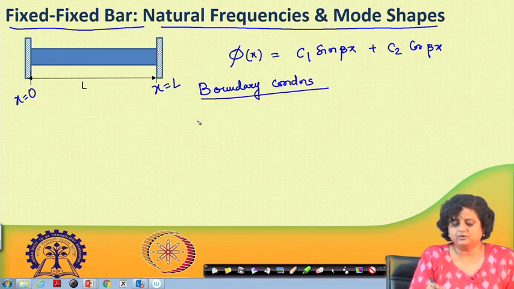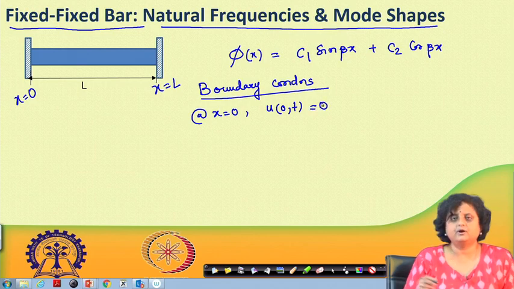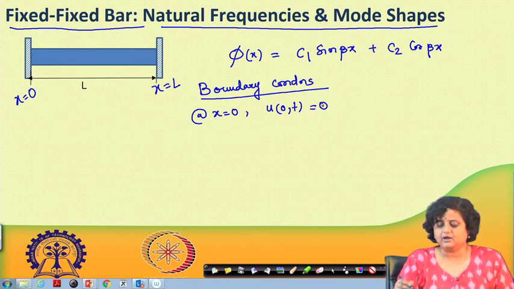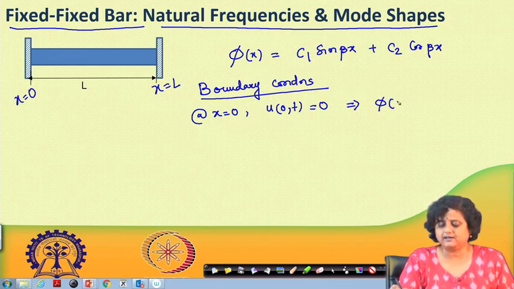If we look into the boundary condition at x equal to 0, u of 0 comma t is going to be 0 because displacement is constrained when we have a fixed end. Under normal mode of vibration, this can be written as phi 0 into T t is equal to 0.